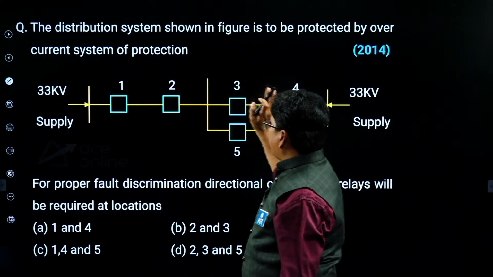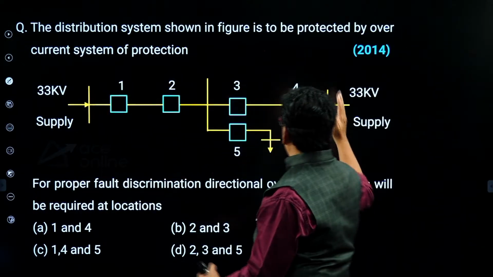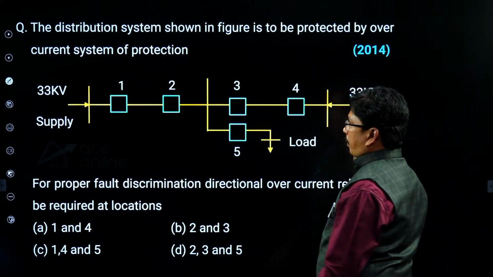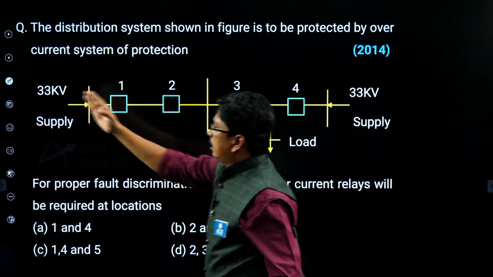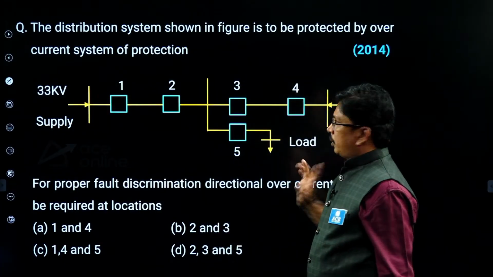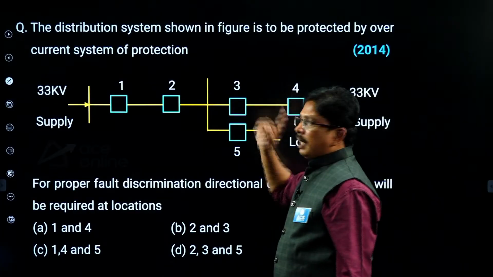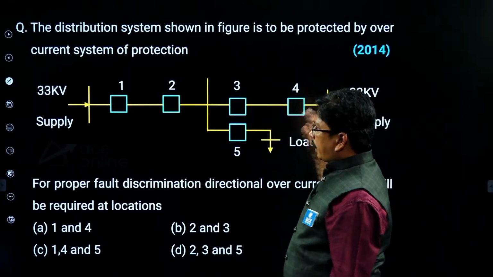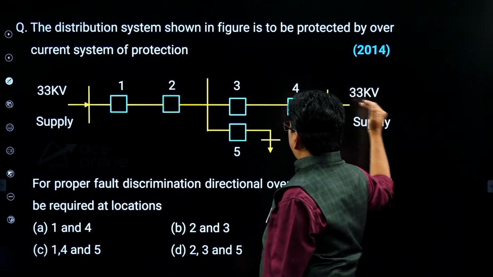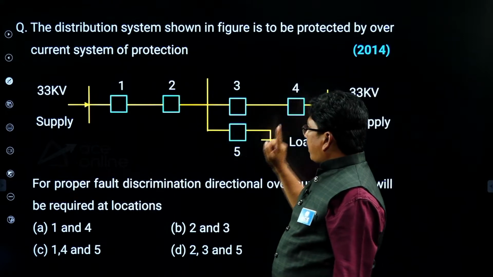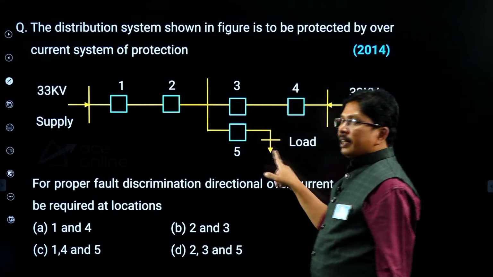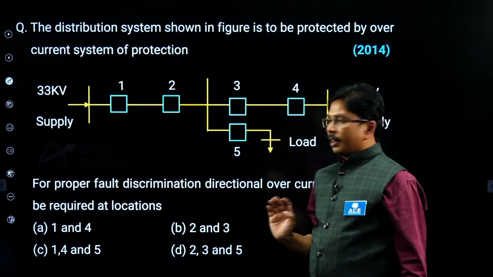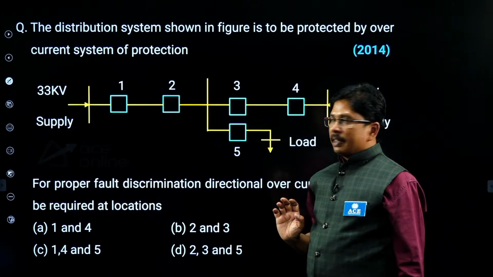But out of 2 and 3, relay 2 will have current in this direction also, because we have a source here. This source can supply current like this. So 2 and 3 will have current reversals. For 3, current reversal is possible in this direction, and for 2 also. But for 5, we have a load, and a load will never supply current in the reverse direction.